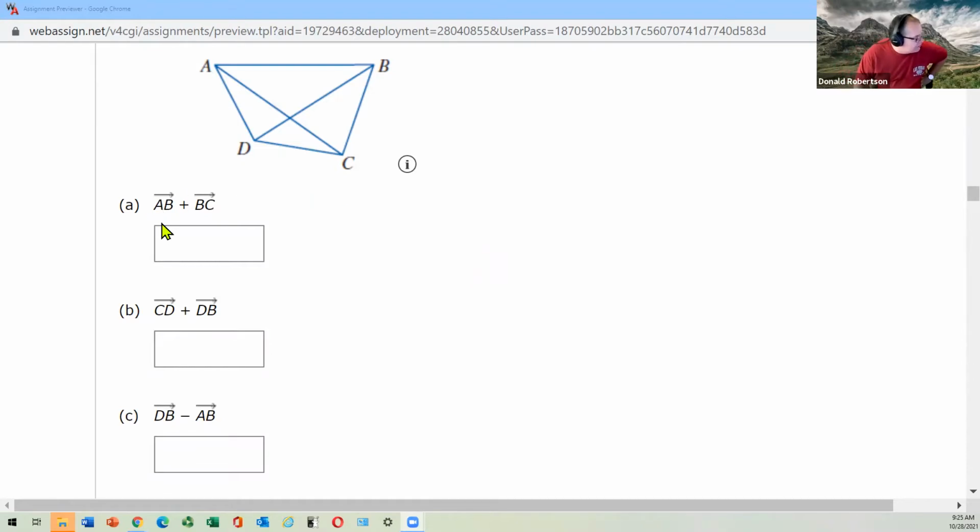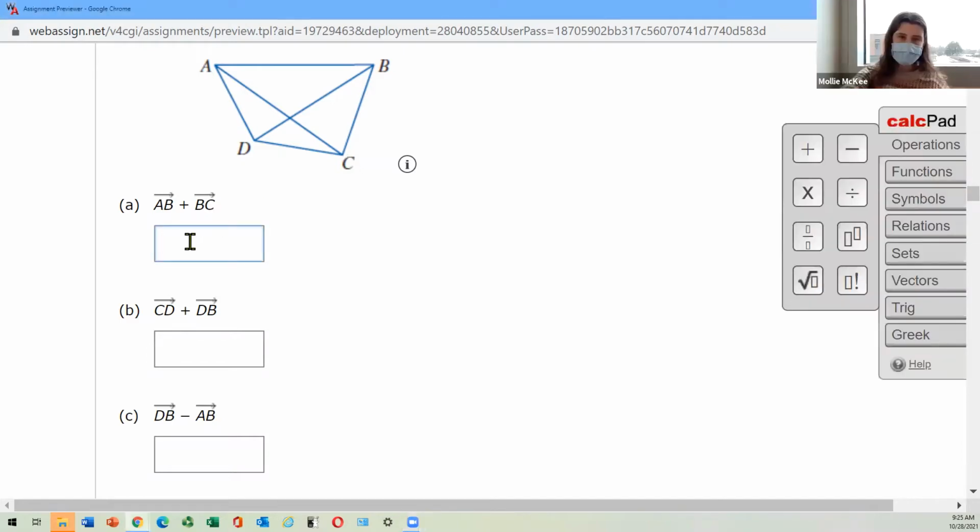A to B plus B to C. What single vector would be A to B plus B to C? A to B and then B to C. What single vector would represent that? Is it A to C? It is.